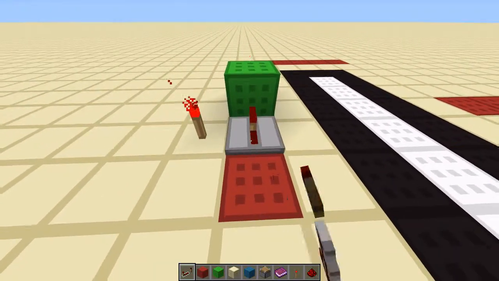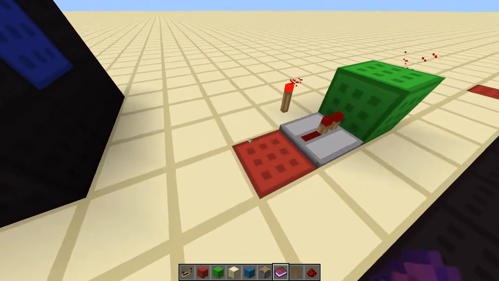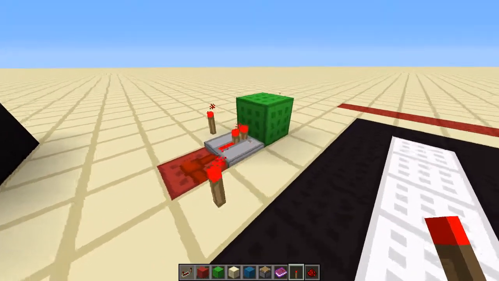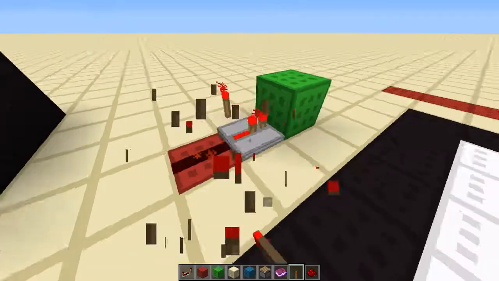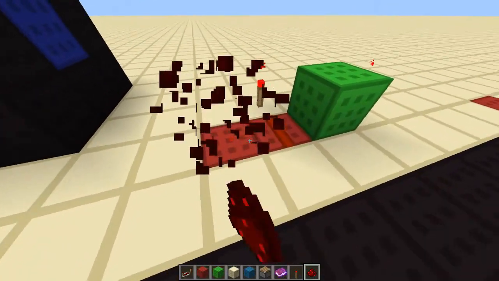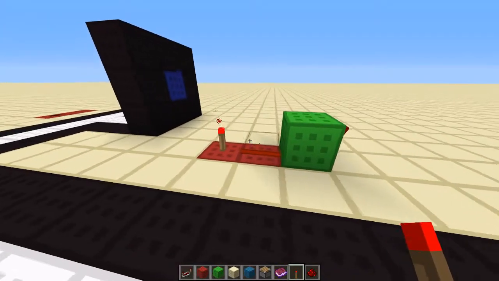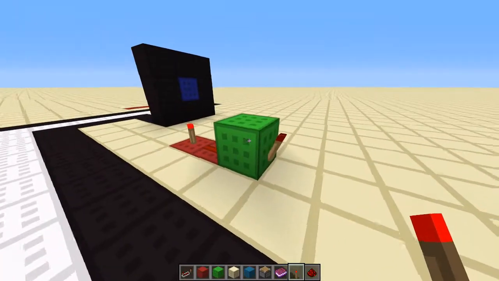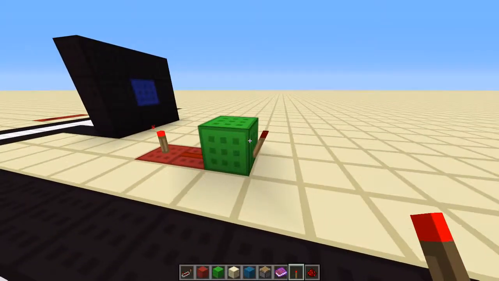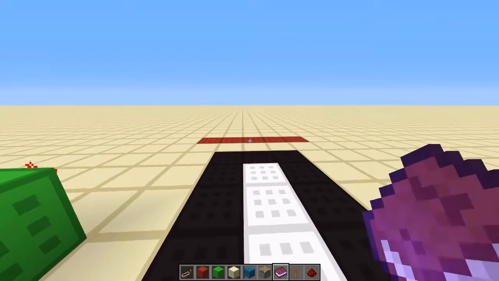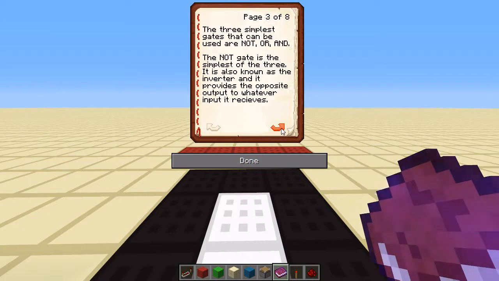See, if we had a repeater here, that ensures that any input coming into here will go straight into the block. But as long as it's going straight in, then it will be powered. So yes, that's the NOT gate, fairly simple. On, off, off, on. What's up next?